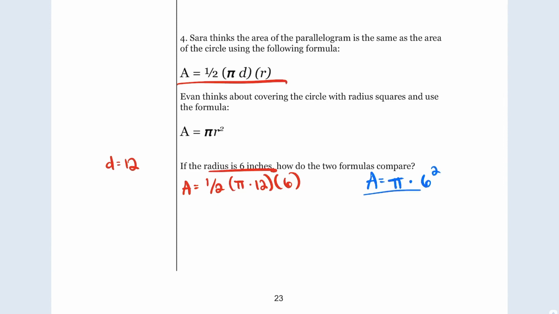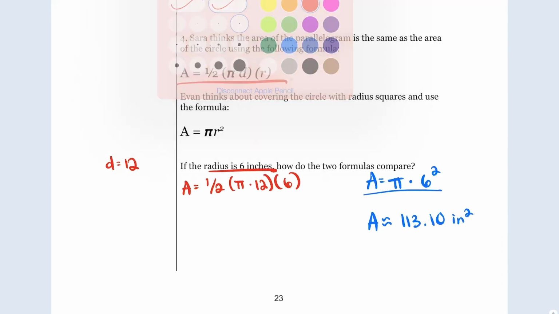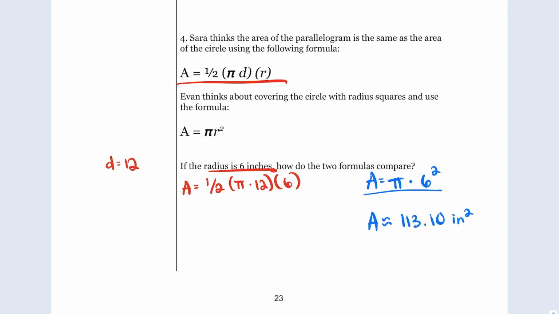We already solved the right side here. This is approximately 113.10 square inches. So let's evaluate the left side over here. Remember that multiplication is commutative, so you can multiply in whatever order you want, because everything in here is being multiplied. So I'm going to multiply 1/2 times 12. Half of 12 is 6.